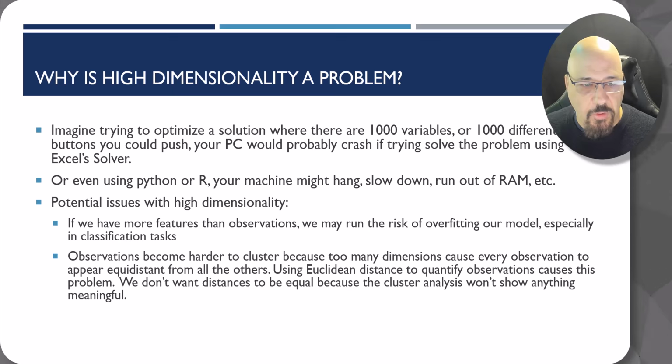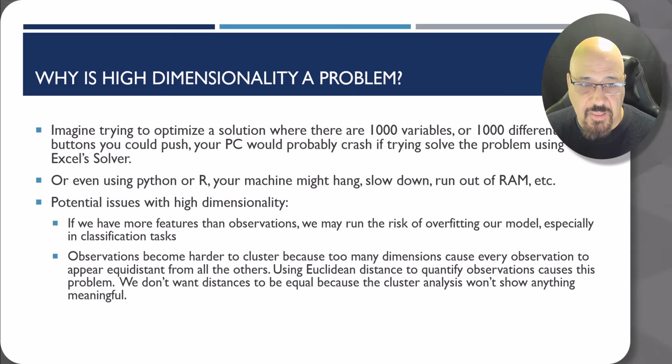If we have more features than observations, we run the risk of overfitting our model, especially in classification tasks. Also, observations have a harder time clustering and converging into clusters because there are too many dimensions. This causes every observation to appear pretty much equidistant from all the others.